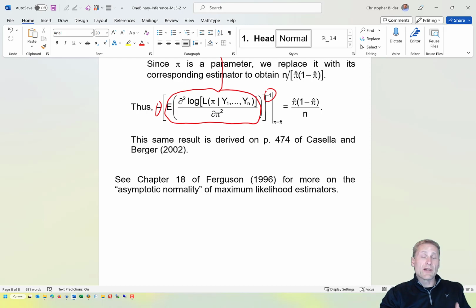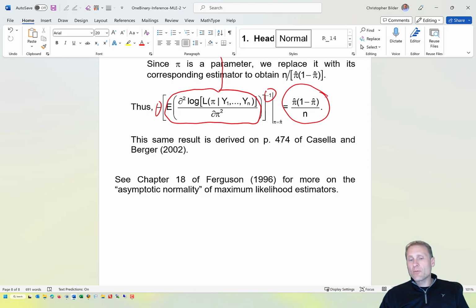I also, wherever I see a pi, I put a pi hat. And now here is my estimated variance for my maximum likelihood estimator, pi hat. It's pi hat times 1 minus pi hat over n. We will make use of this very shortly in another subsection of the notes.